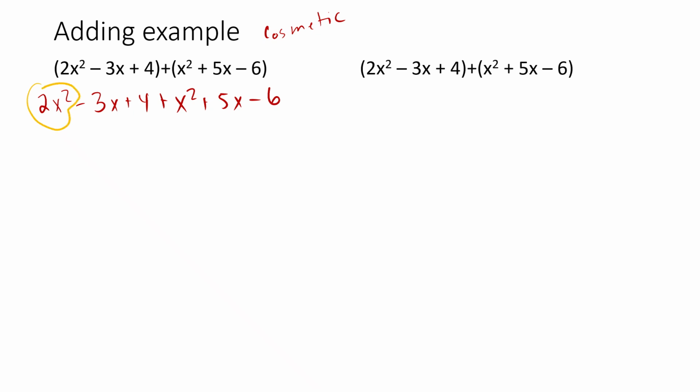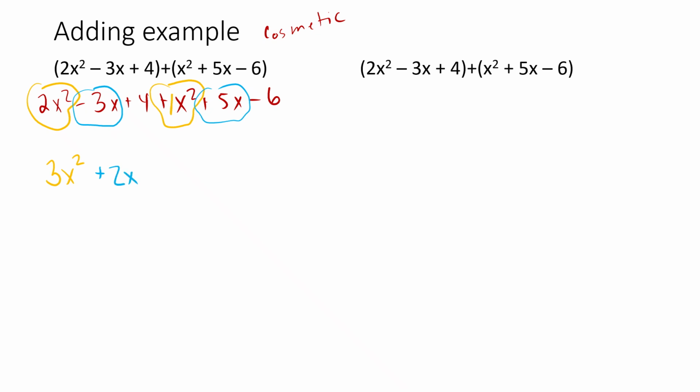We have 2x squared plus 1x squared. And remember that that is a 1x squared. Well, 2x squared plus 1x squared gives me 3x squared. Negative 3x plus 5x, well, negative 3 plus 5 is 2, so negative 3x plus 5x is 2x.